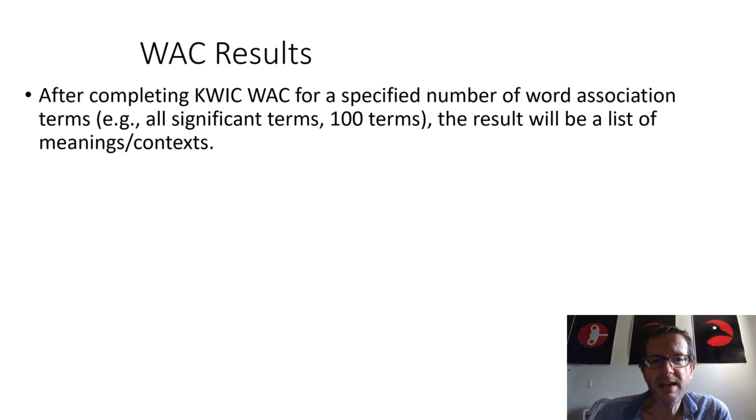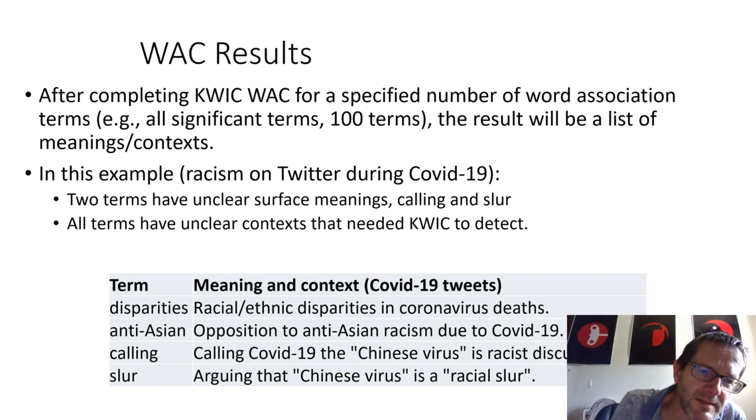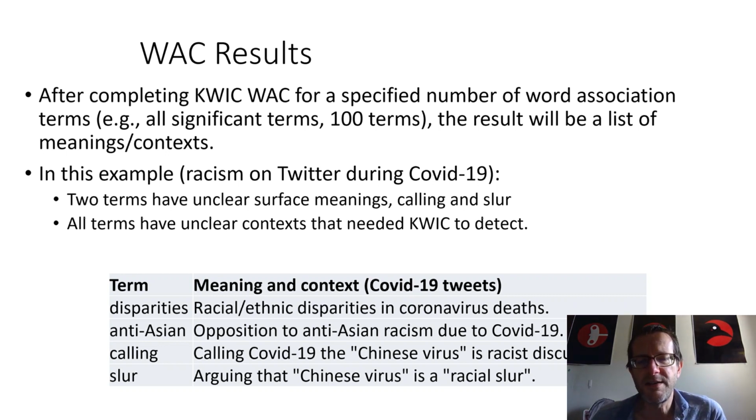So at the end of this, you'll get a list of word association words, and for each word, the meaning or context of the word. So in this example, we have 4 word association detection terms, and these are the meanings and contexts identified from reading COVID-19 tweets containing the term, the quick look thing.